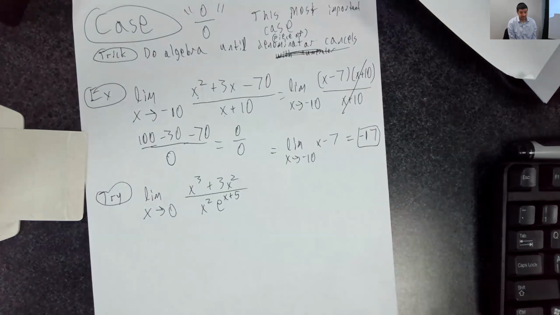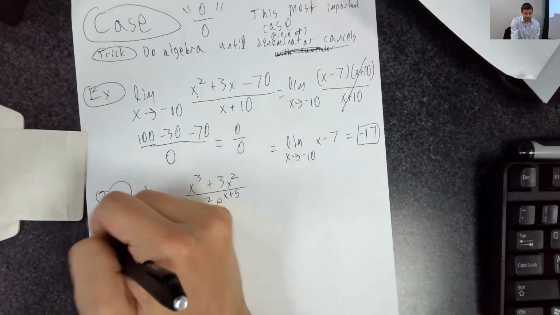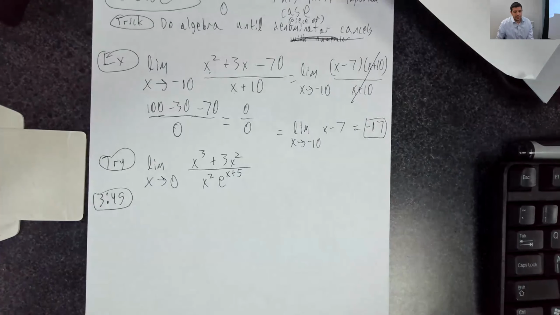So try this out. First you plug in 0. And then if it's 0 over 0, that means you could do some sort of algebra. And if you need to take a break, I'll do this at 3:45. So if you need to take a break, take a break. See how far you can get.